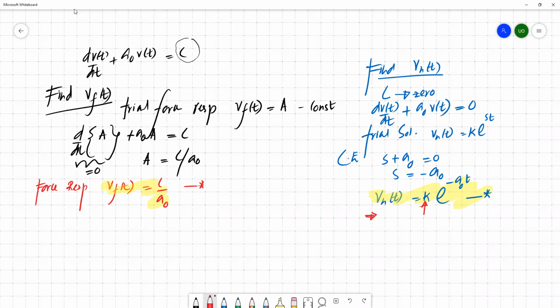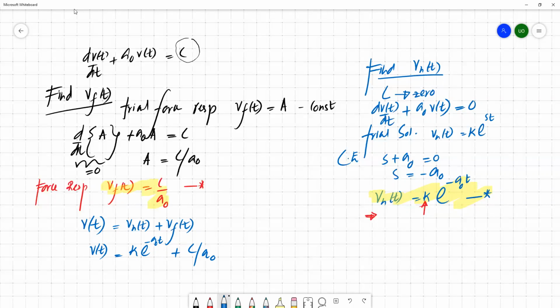Based on that argument, we can claim that the total response V(t) is the sum of the natural response and the forced response. The natural response is k e^(-a0 t), plus the forced response, which is C divided by a0. So this is the total response.